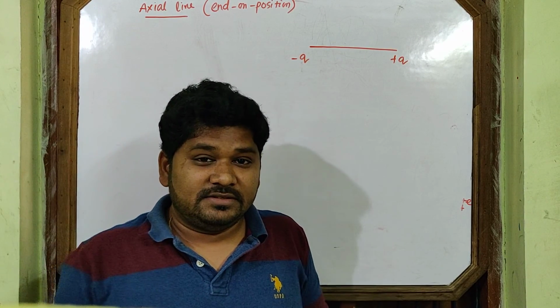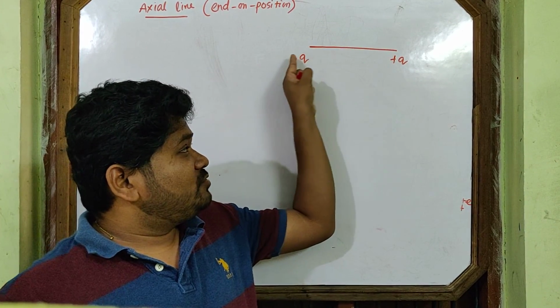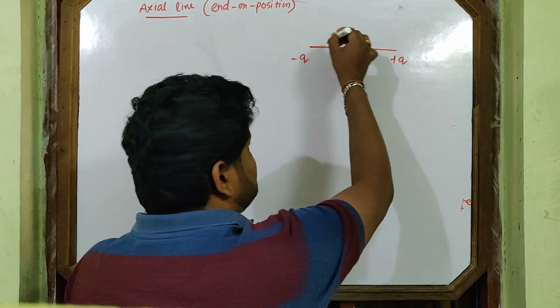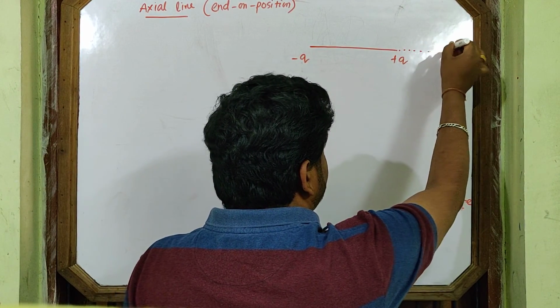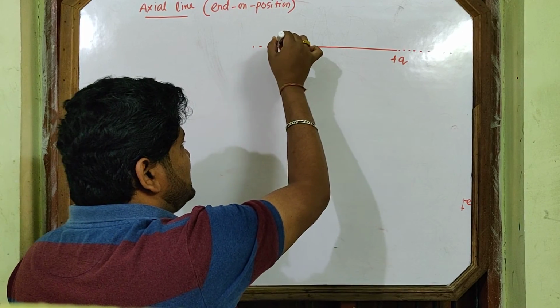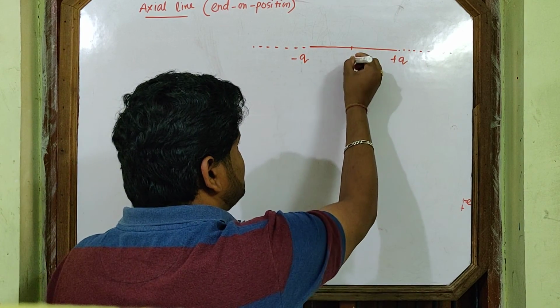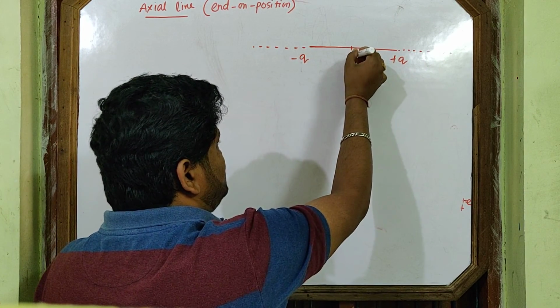What is the axial line? The line joining the two charges is called the axial line. I am extending it to both sides. This is the center of the dipole.